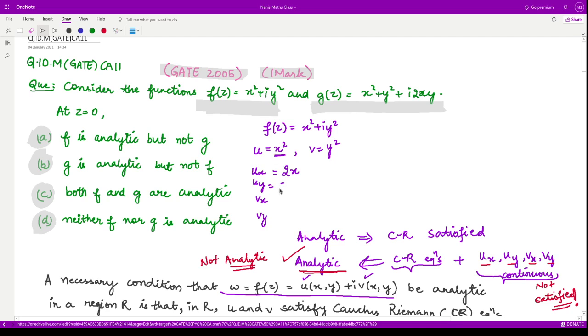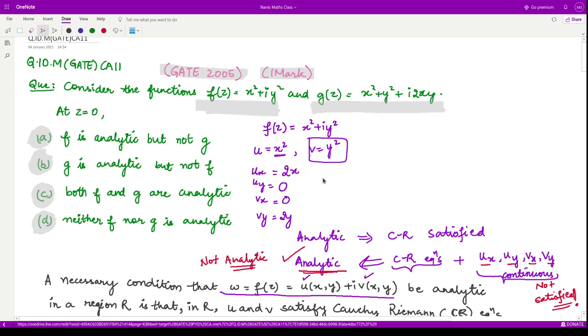With respect to y, it is 0. For v, with respect to x, it is 0, because there is no term of x, and with respect to y, it is 2y.